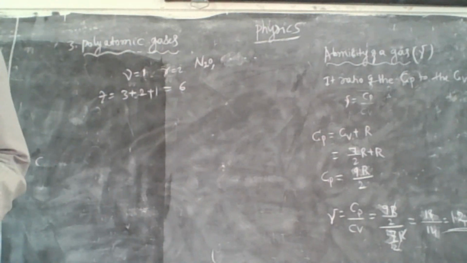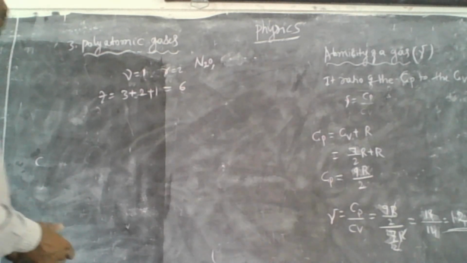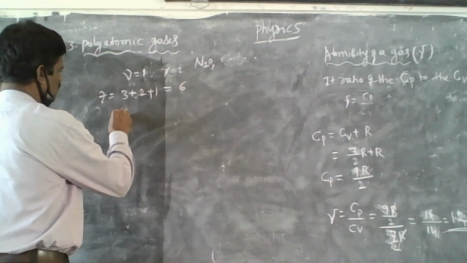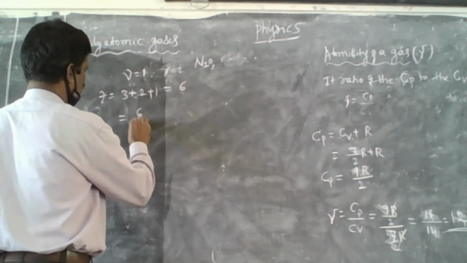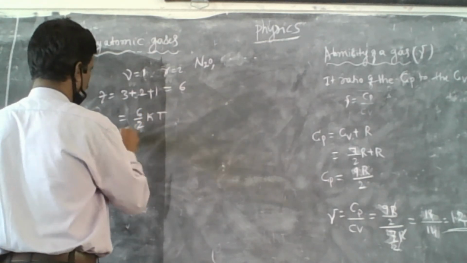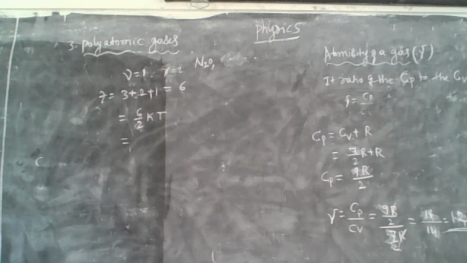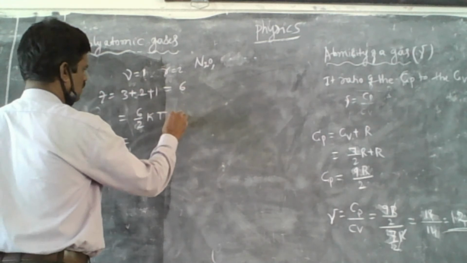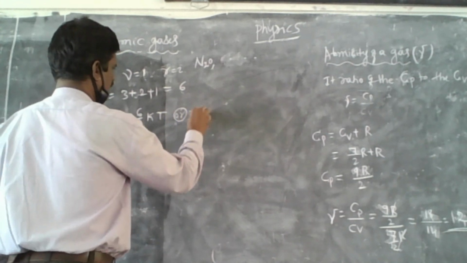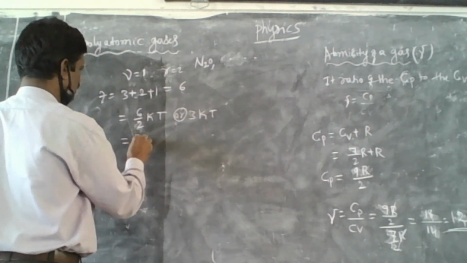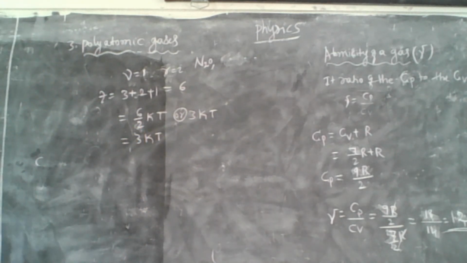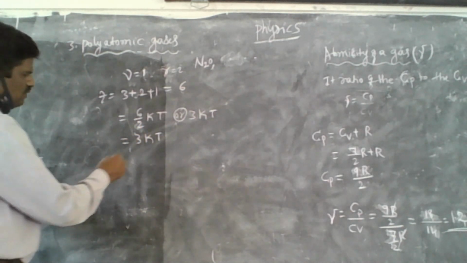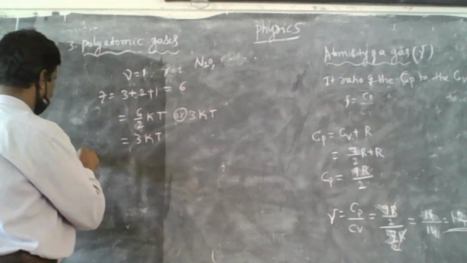So here the total energy per molecule is 6 by 2 kT, or 3 kT. Therefore 3 kT.